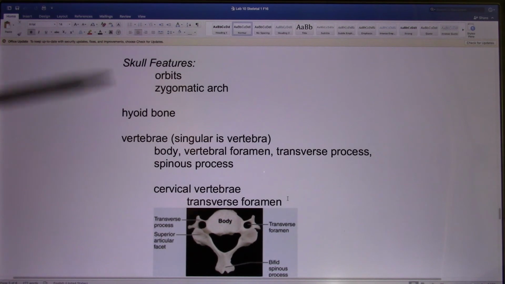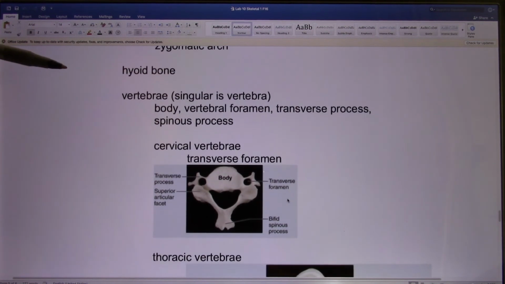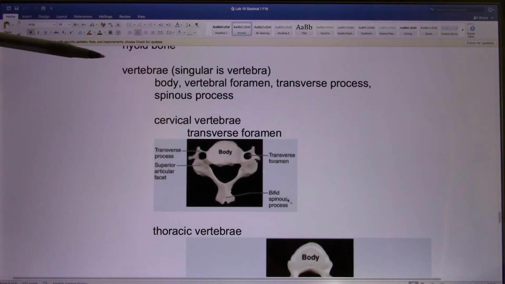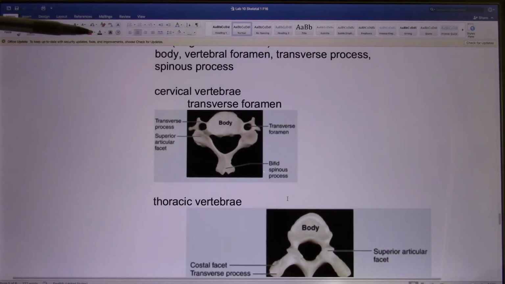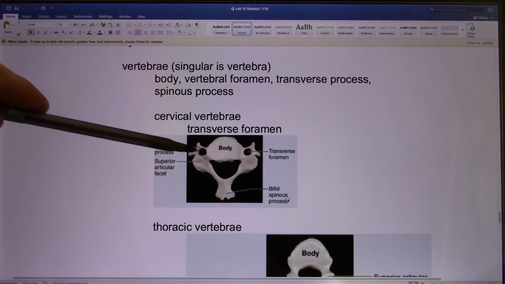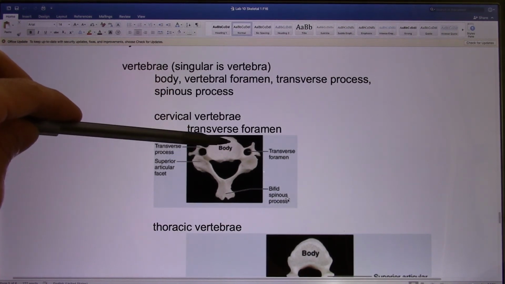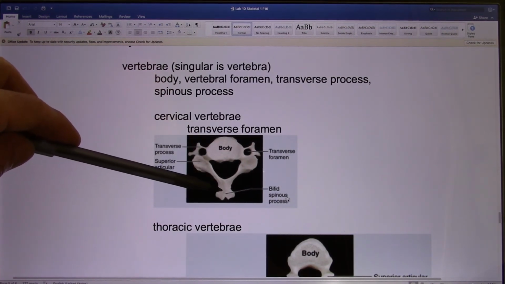You need to know those. If I did not talk about the detail, you need to know the name of the bone. And if I talked about the detail, you need to know the detail. The vertebra: you need to know those structures, like the transverse foramen you find in the cervical vertebra, where the blood vessel goes through. And this is called the spinous process.